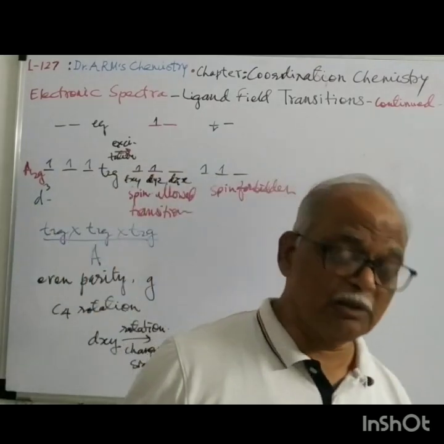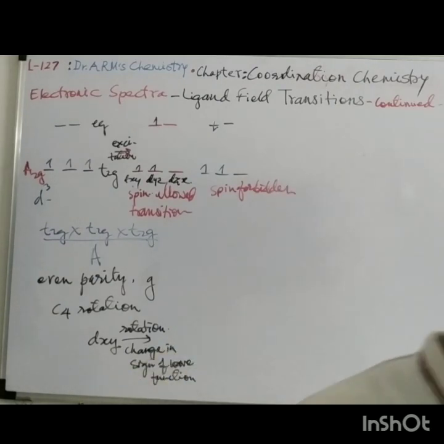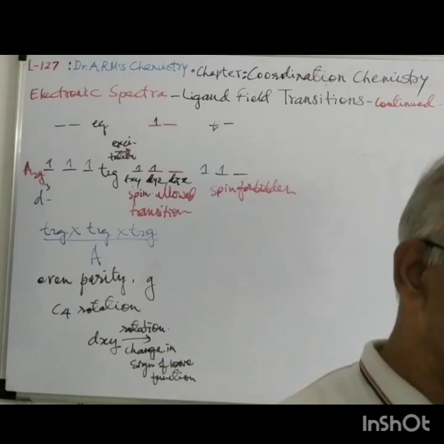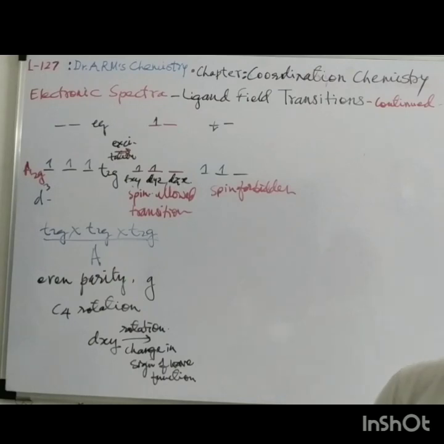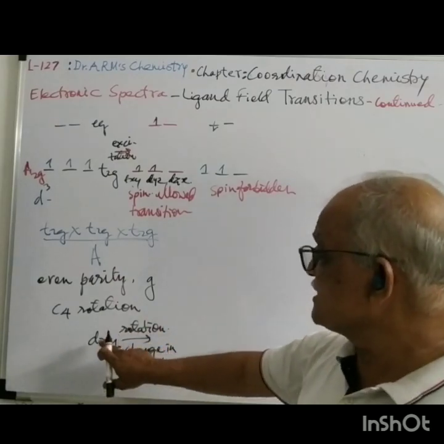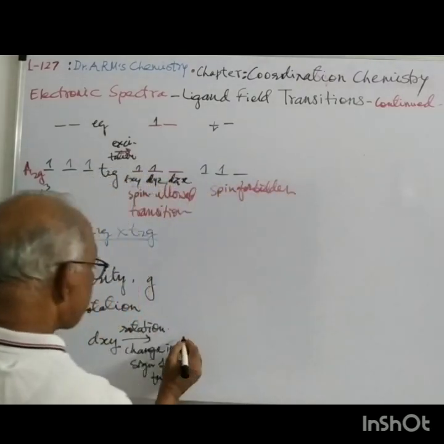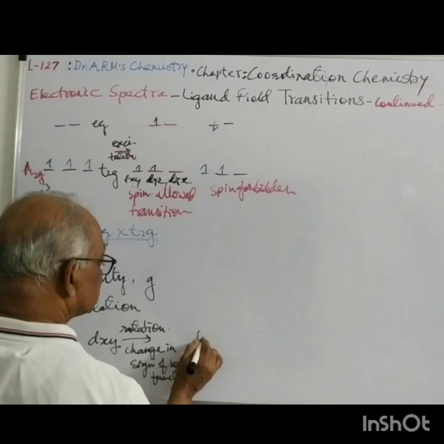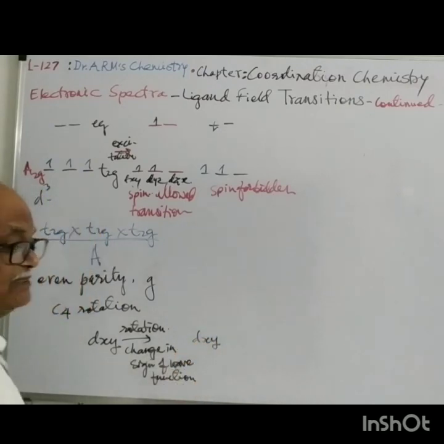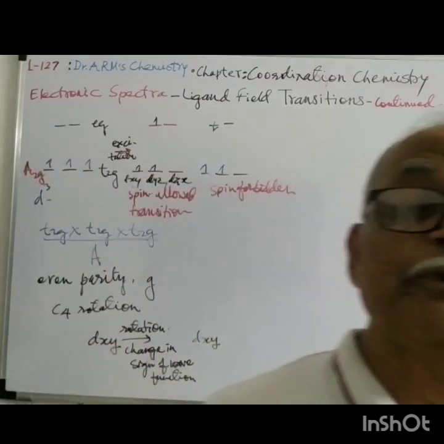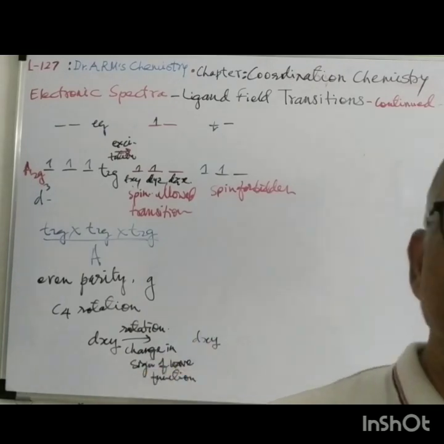As a result of this, we get the negative of the same orbital. So this orbital is converted into the dxy orbital, but the signs of the wave functions are negative.